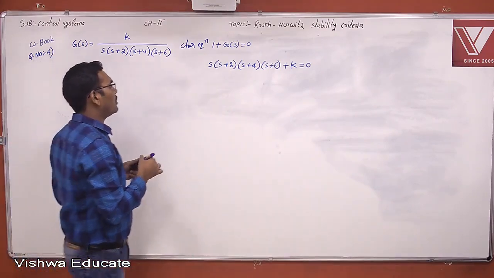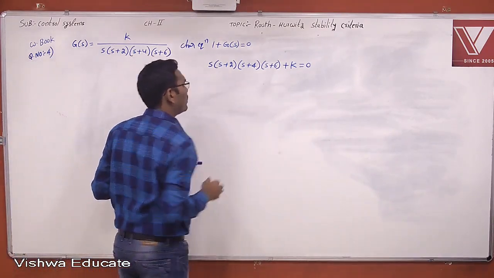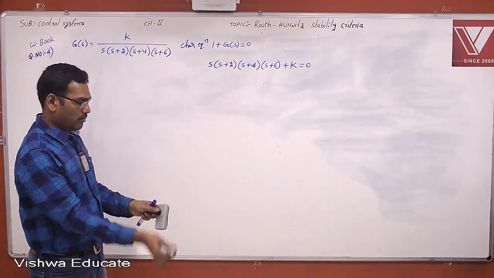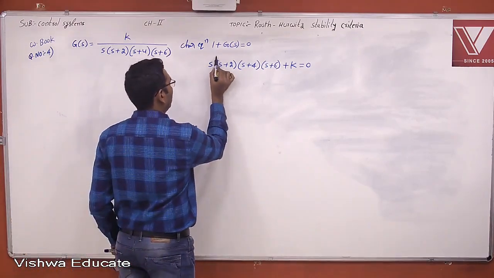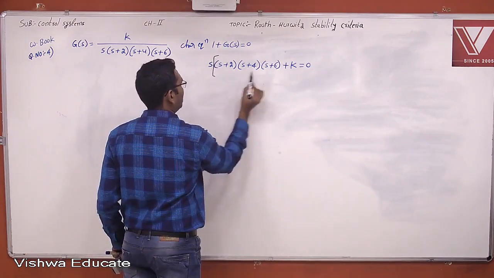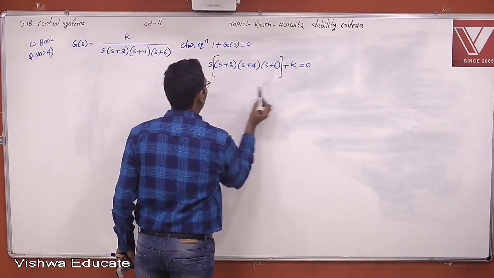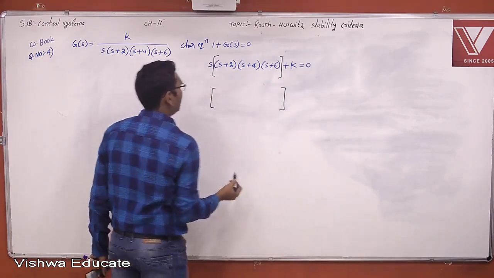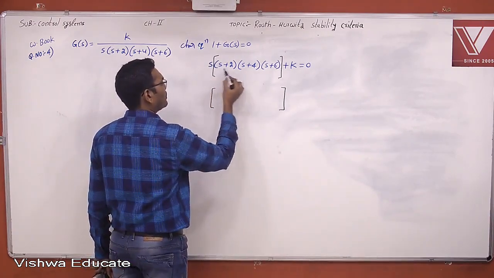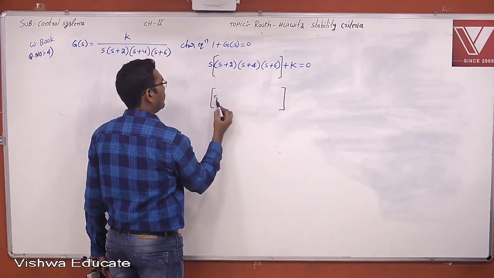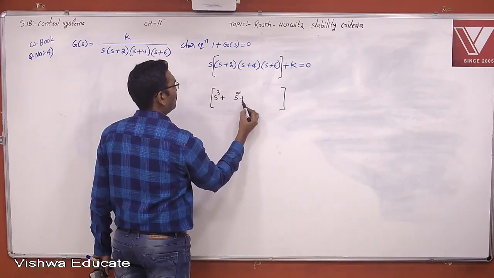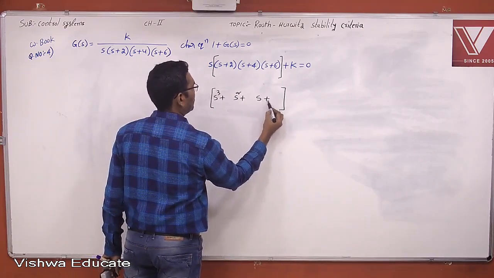So there are 4 terms. If you multiply those 4 terms, the highest power in the characteristic equation is s power 4. But for easy simplification, I just take only these 3 terms. If these 3 terms are multiplied, the power is 3: s cube plus s square plus s plus some constant.